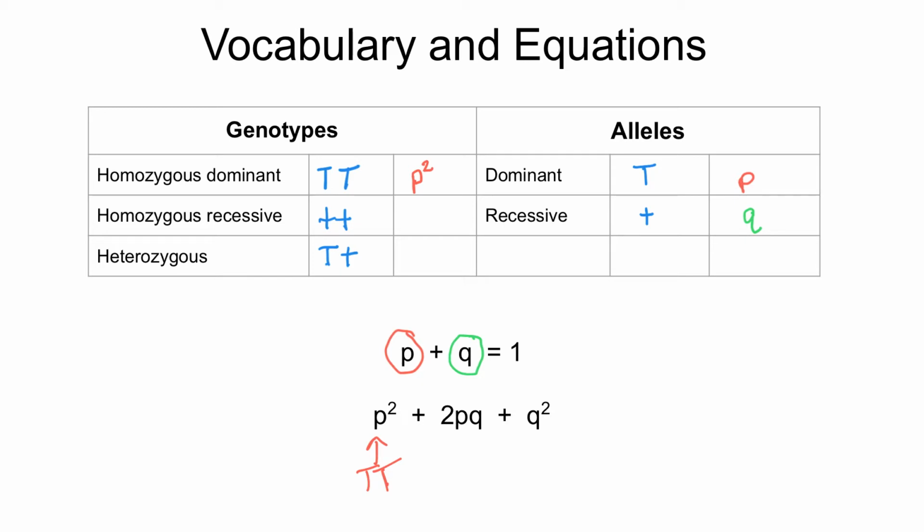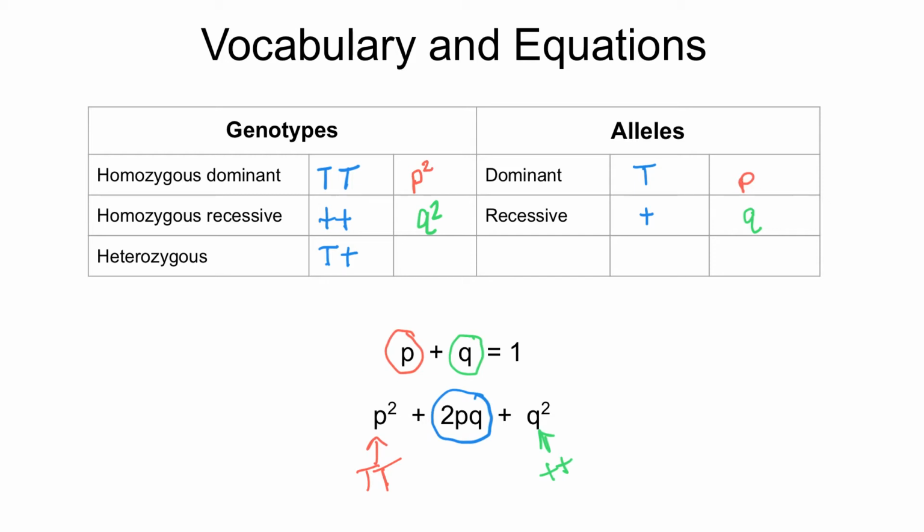And then the homozygous recessive is going to be represented by Q squared, right? And then the heterozygous, so this is big T little t. So the heterozygous then is represented by this 2PQ here in the middle.